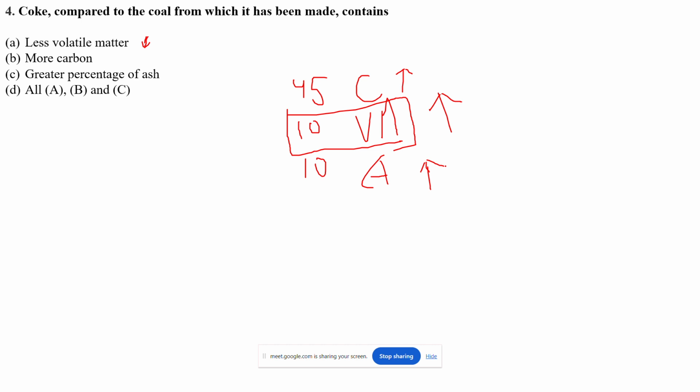The only thing which is going to get released from the system is the volatile matter content inside that coking coal. And after that, it is going to get converted into the coke. Okay. So the answer is all A, B, and C. So volatile matter will be less, more carbon content will be there, and the percentage of ash will become higher.